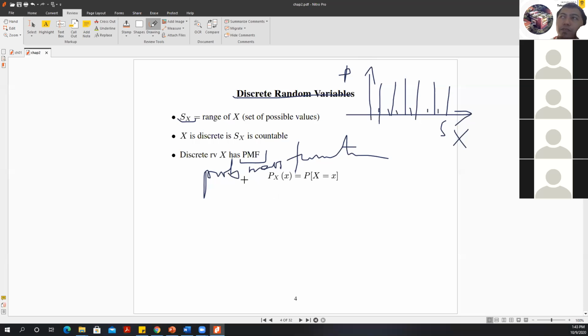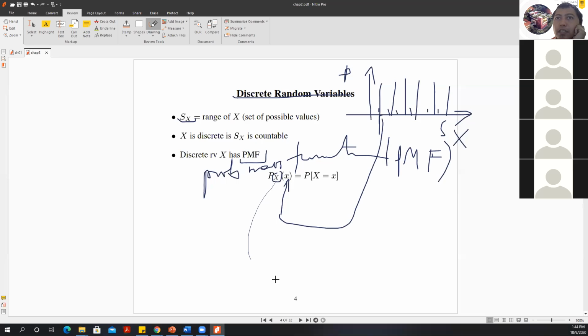Probability mass function, we can abbreviate as PMF. The small x here represents the value, and the big X here represents the range.